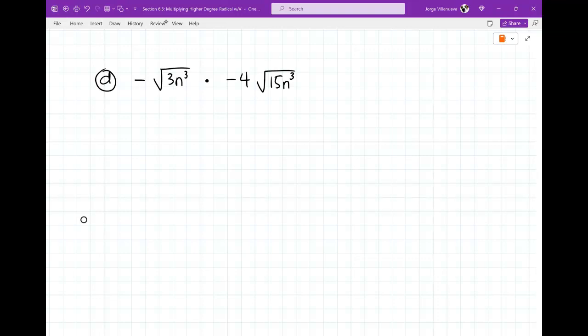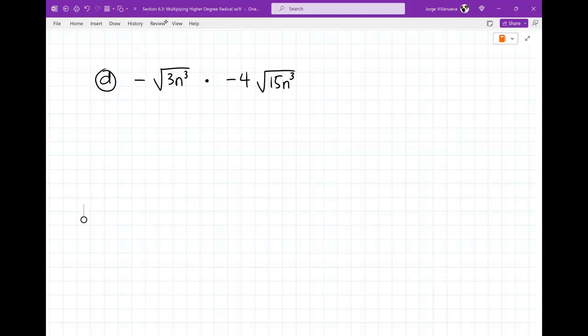Don't mess with them. I know that I can reduce square root of n cubed. That's n square root of n. I know that. But I don't want to do that because n square root of n looks so much more complicated than square root of n cubed. That just looks like one letter inside. But then if I simplify it, it becomes 2. I'd rather not do that. I'll do that at the end. The letters I'll take care of at the very end. Okay?